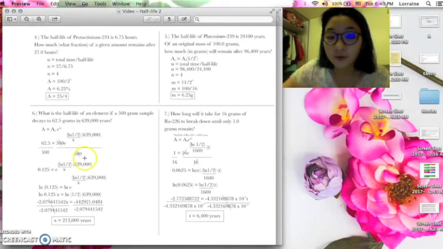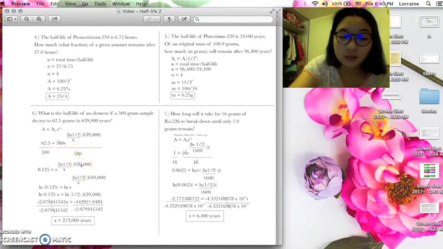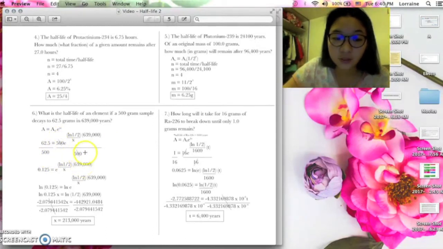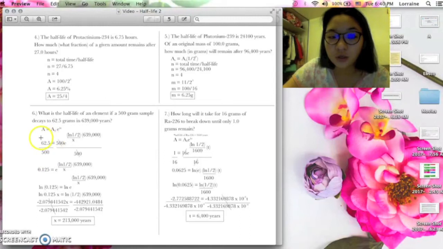Over 500 here and 500 here, I basically just canceled out this one and this one so that it gets transposed to this side of the equation, so that it will be easier for us to solve.